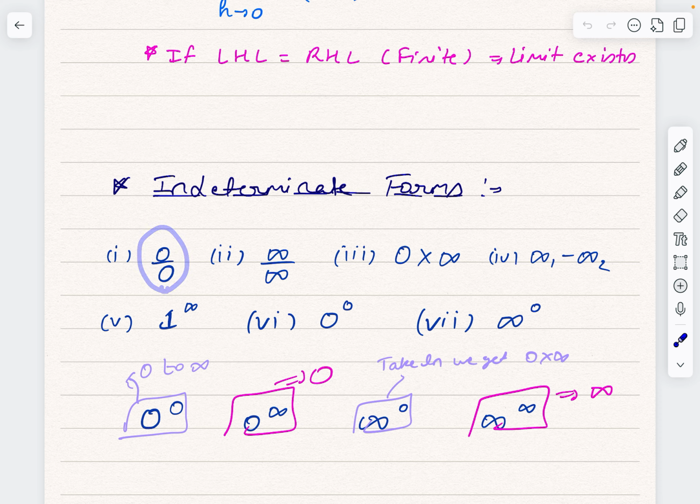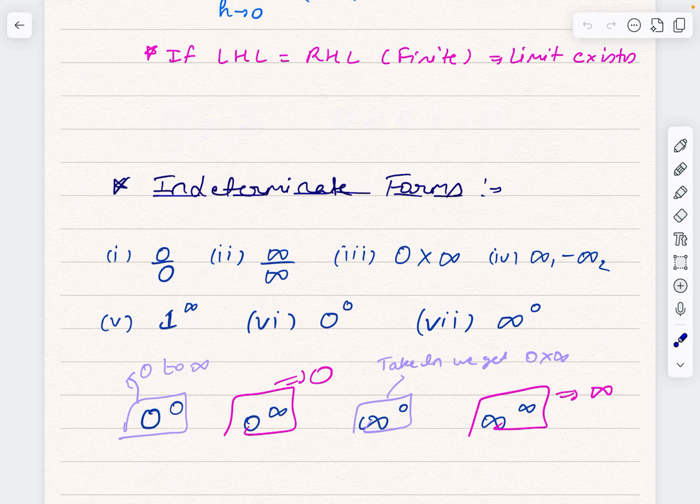Now 0 by 0 is indeterminate form. What is the meaning of indeterminate? Its value cannot be determined. So for example, if it is 0 by 0, if I take it equal to 1, and if you cross multiply, it will satisfy. So someone might say 0 by 0 can be 1.